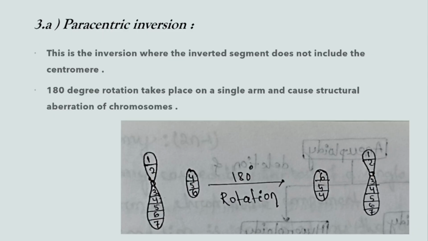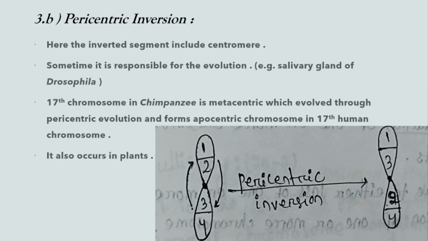Then it is called paracentric inversion. This is basically on a single arm. Then pericentric inversion. Here the centromere is totally involved. The inverted segment includes the centromere.